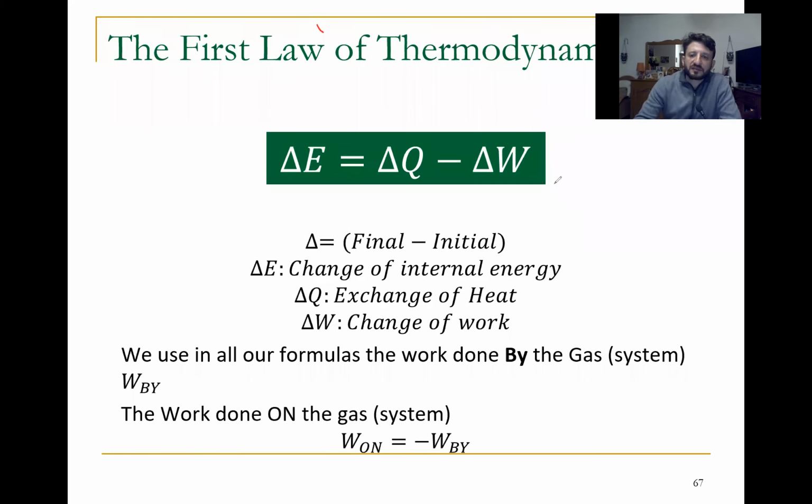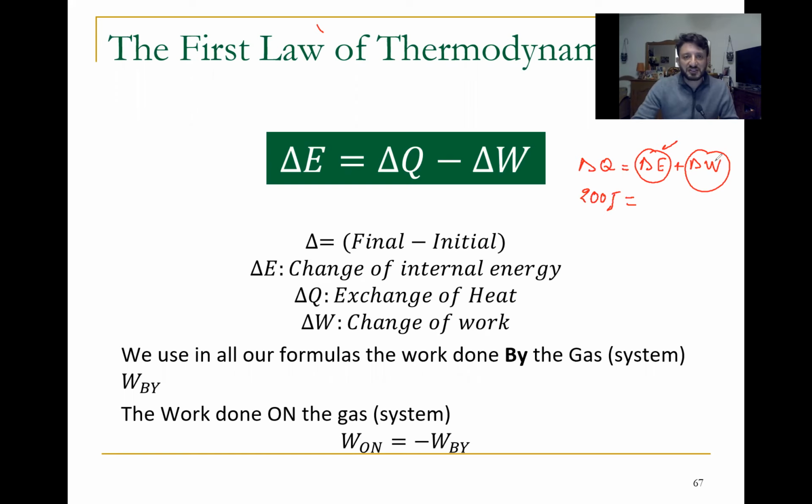You can write this one: dQ equals delta E plus d omega. What I mean is, for example, if I give some quantity of heat to the system, for example delta Q equals 200 joules, this quantity of heat is divided between the increase of temperature inside the gas, I mean an increase of the internal energy of the gas, delta E, plus some quantity of work.